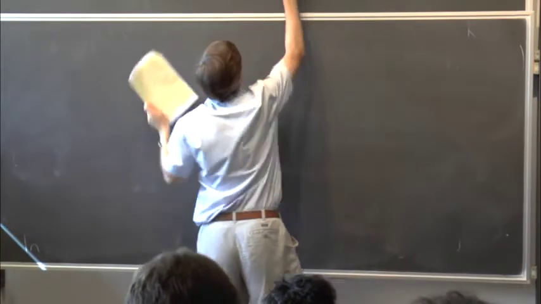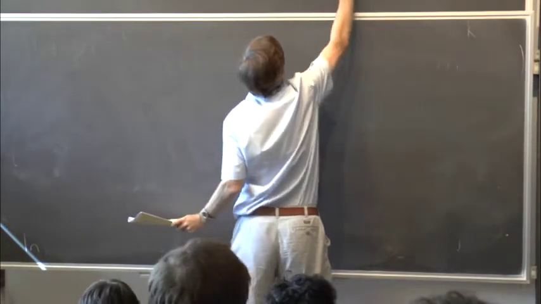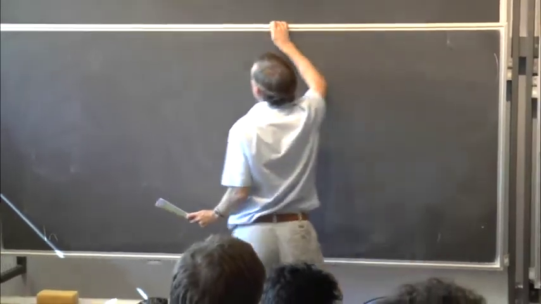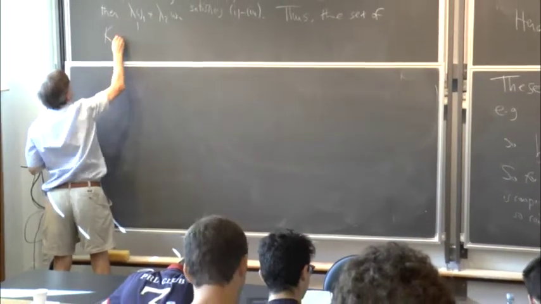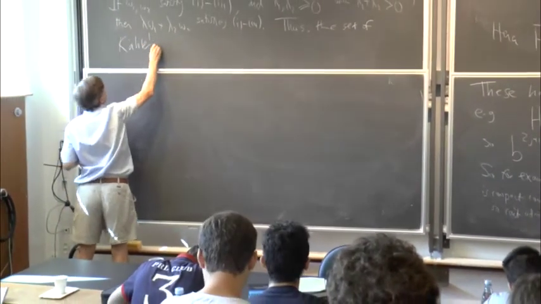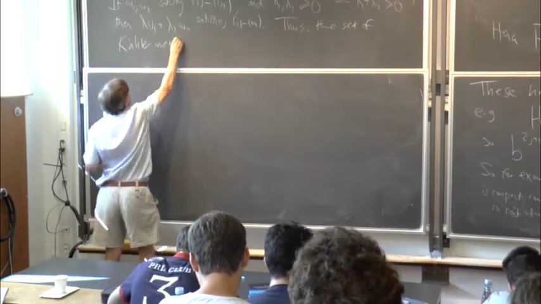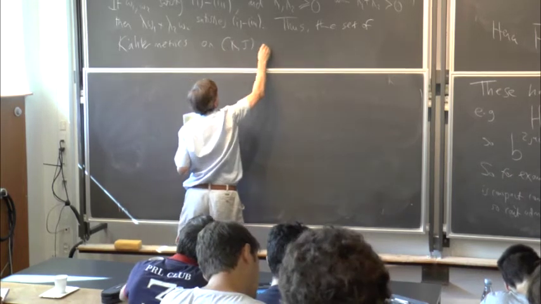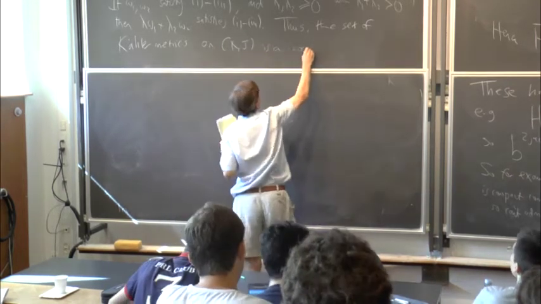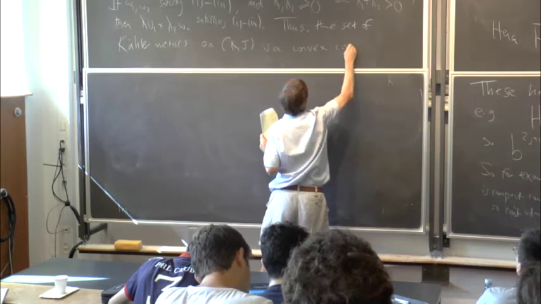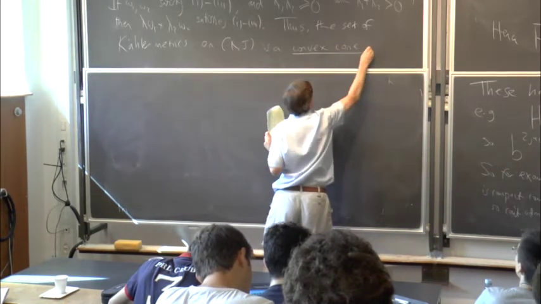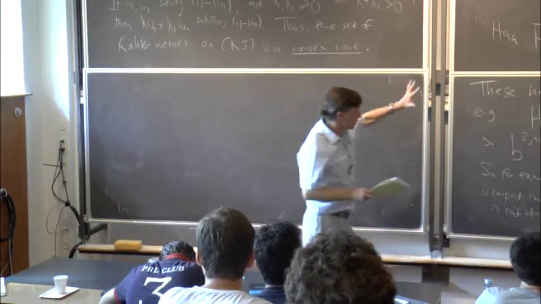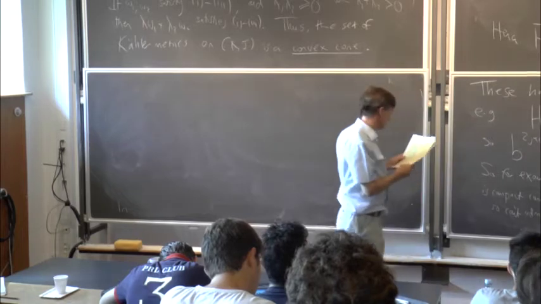So thus, the set of Kähler metrics on a fixed complex manifold X and J is a convex cone. A bit later on, we'll see that it's actually infinite dimensional because there's always lots of solutions.